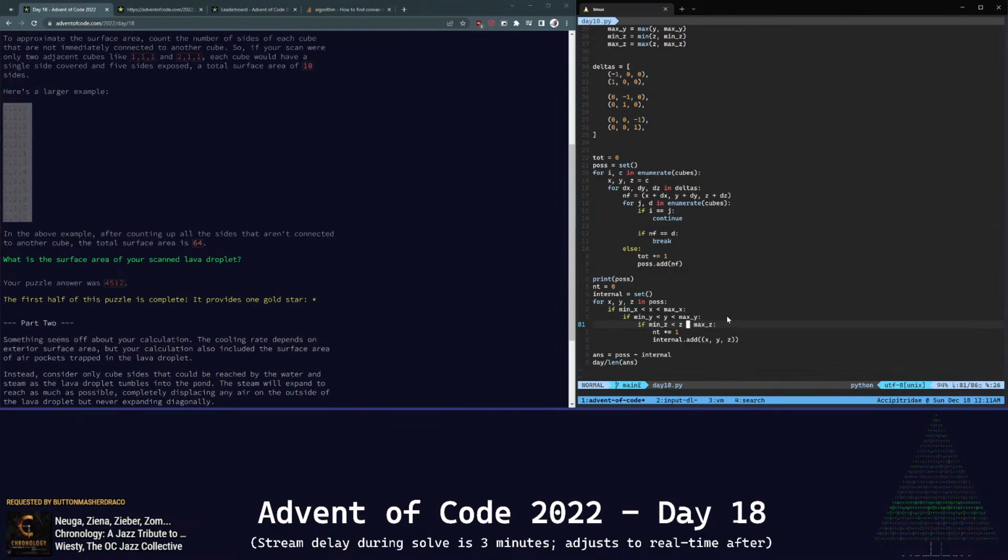We sweep across the whole area, right? Okay, yeah. We have to do a sweep across the pairwise combinations of x, y.